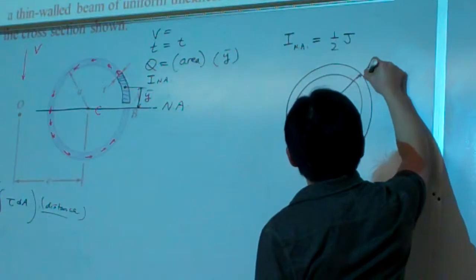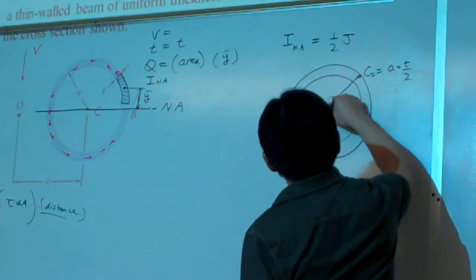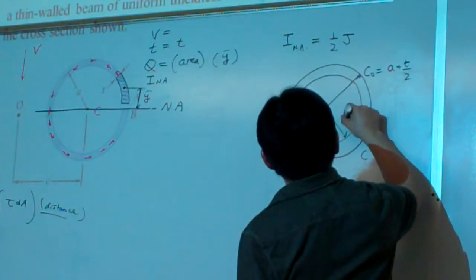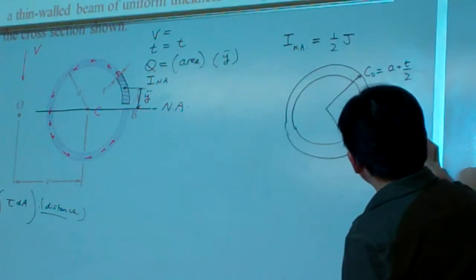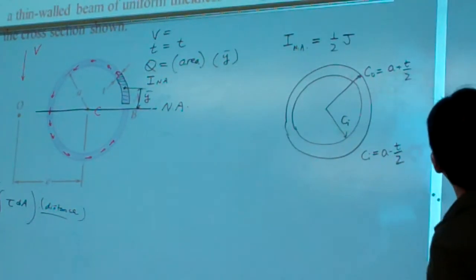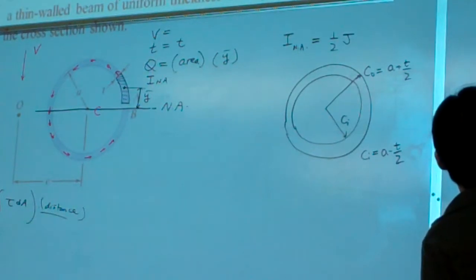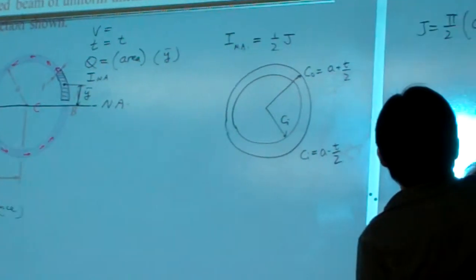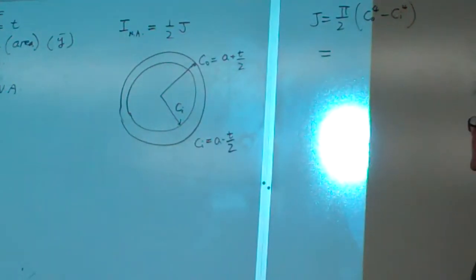So the outside, C_o equals a plus t over 2. The C_i equals a minus t over 2. Therefore, J equals 1/2 pi times C_o to the fourth minus C_i to the fourth. We simply plug this into this formula.